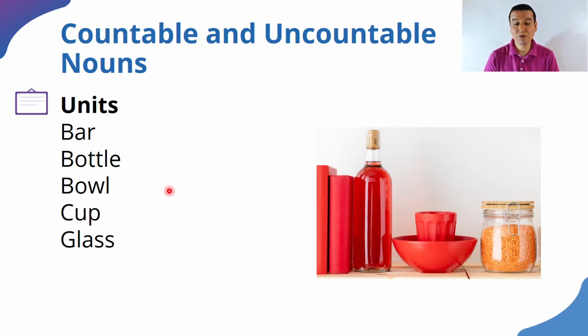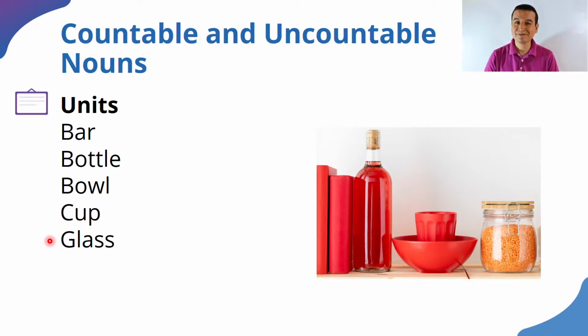Same thing with bowl, a bowl of milk, of cereal, for example, a cup of water, a cup of flour. If we're preparing a recipe, we may need to quantify flour, which is an ingredient for a cake, for example, but we have to use a measuring unit, a cup, for instance. And same thing with glass, like a glass of water, 2 glasses of water.